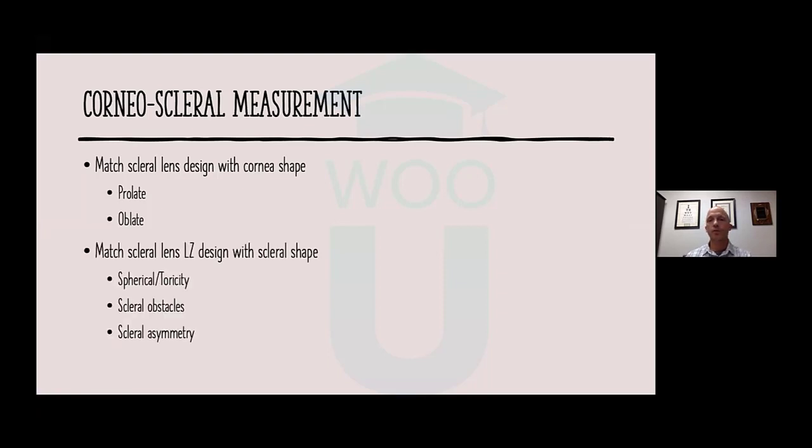We can use the measurements to measure the bulbar conjunctival scleral surface, and then we can match those measurements with the type of design we may need to fit for that particular eye. And that's assessing whether or not the scleral surface is spherical or toric. We can look at scleral obstacles and, of course, also measure scleral asymmetry.